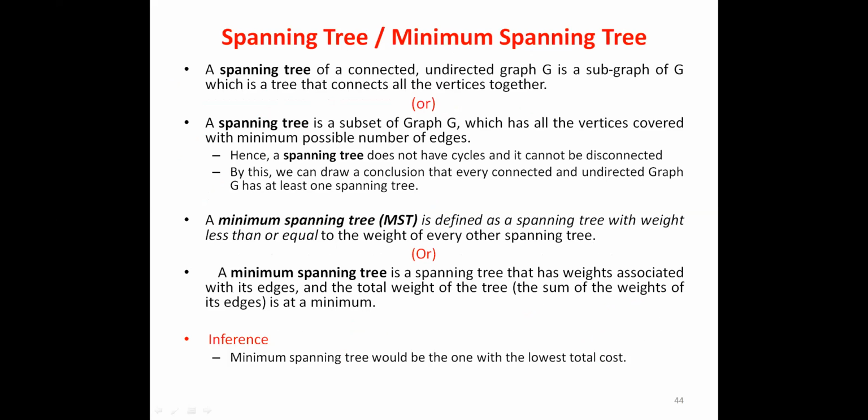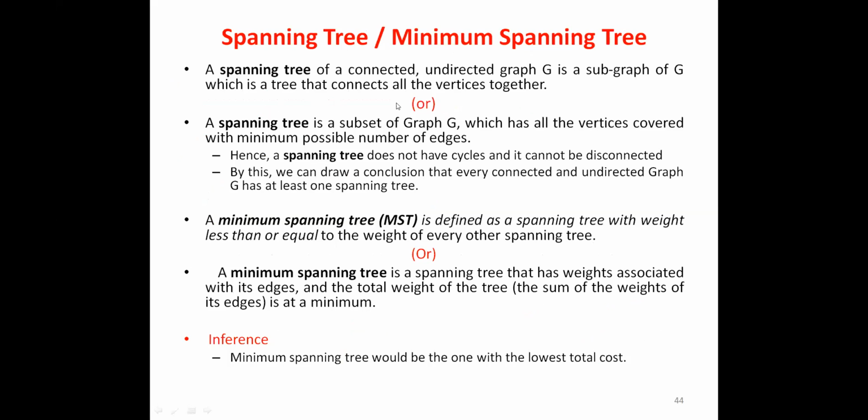We'll see what a spanning tree is. A spanning tree of a connected undirected graph G is a subgraph of G which is a tree that connects all the vertices together. In simple terms, for a given graph, you can form a subgraph.